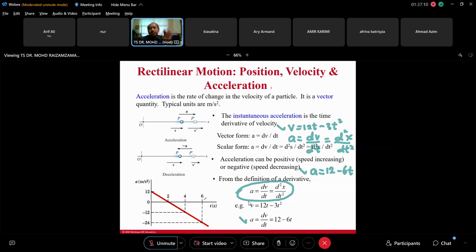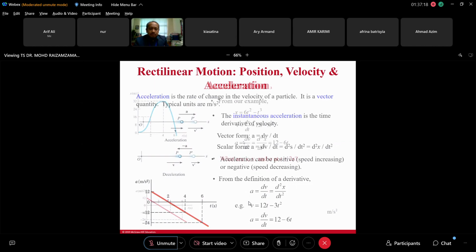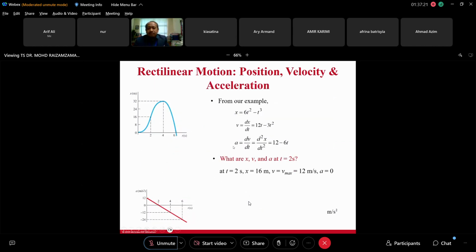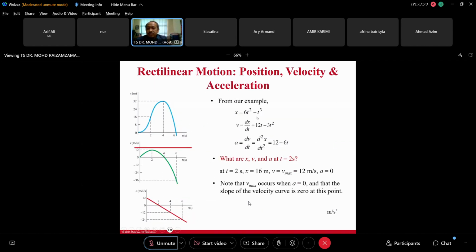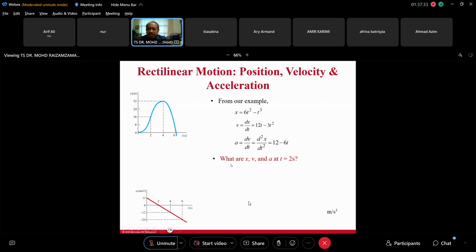Now class, you can imagine that now you have the three graphs. Let's look at the three graphs. These are the formulas: you differentiate the position, it gives you the velocity; you differentiate the velocity, it gives you the acceleration. Let me ask you, what are x, v, and a at time equal to 2 seconds?